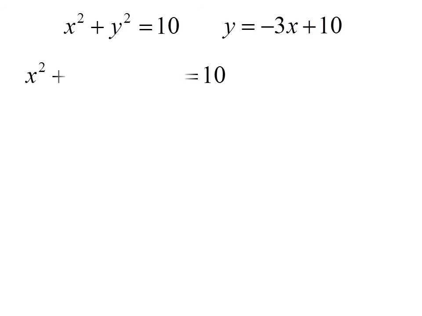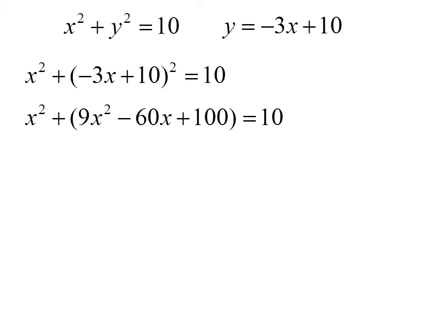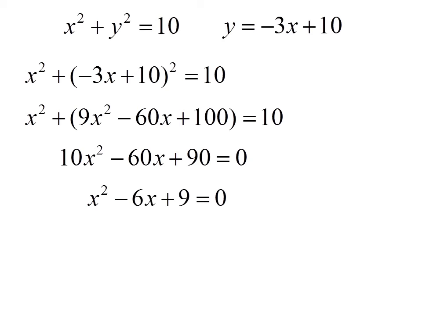So if we have these two equations, this one here is already solved for y, so I can just substitute this one into the first equation. Remember, when you expand this binomial, you're going to get a trinomial. Combine all my like terms, set it equal to 0. Simplify the equation by dividing everything through by 10. And now factoring.